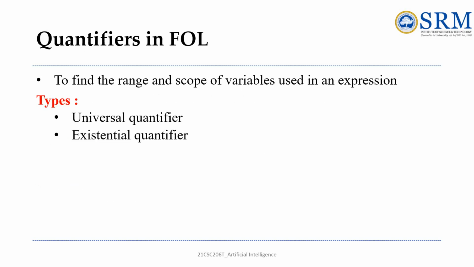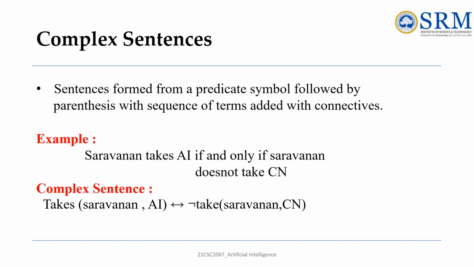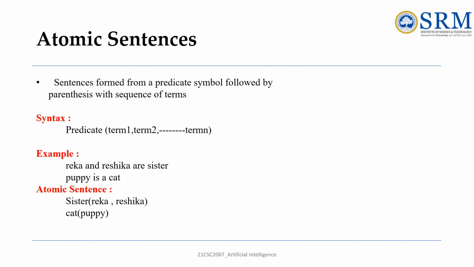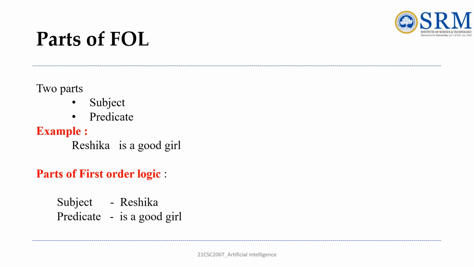Each first order logic sentence has a subject and a predicate, just like in natural language. If I say Reshika is a good girl, then Reshika is the subject, and is a good girl is the predicate. In logic, this would be expressed using a predicate function like good girl of Reshika.